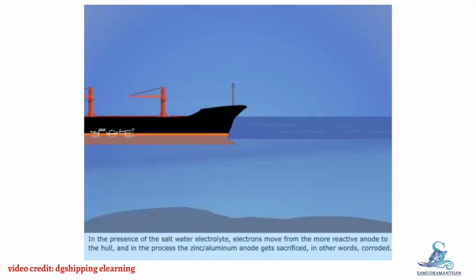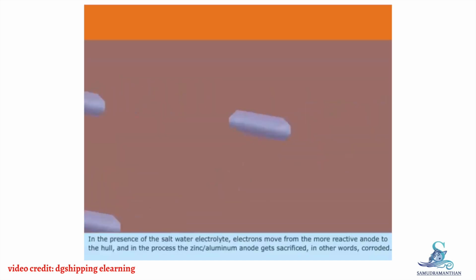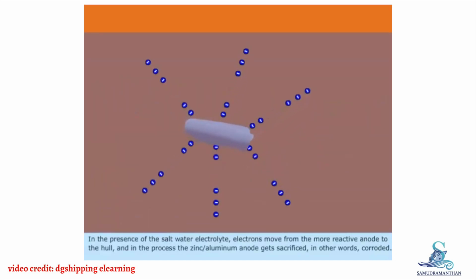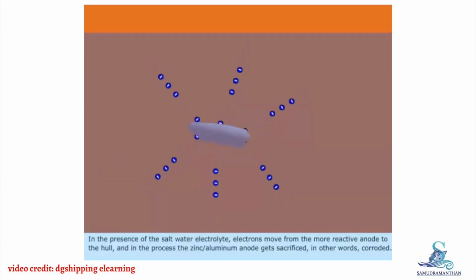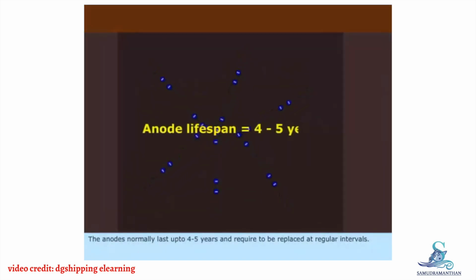In the presence of the saltwater electrolyte, electrons move from the more reactive anode to the hull. And in the process, the zinc or aluminum anode gets sacrificed, in other words, corroded. The anodes normally last up to 4 to 5 years and require to be replaced at regular intervals.